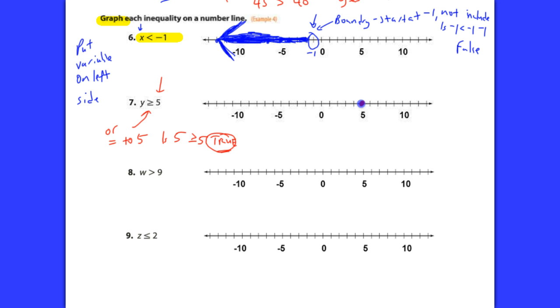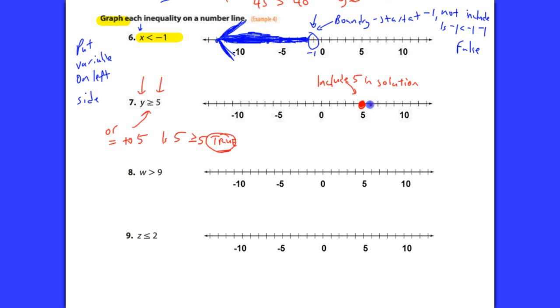So what we do is we put a closed circle here on the 5. That means it includes 5 in possible solutions. So if we have a line underneath there, we have to put a solid dot to show that 5 is a possibility. Well, what else? What's another number that y could be? 6.